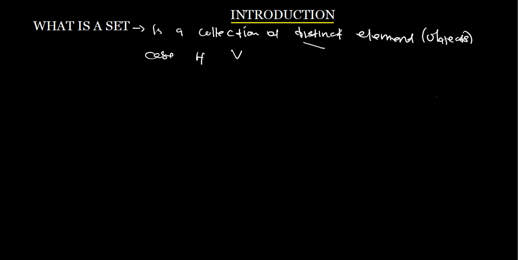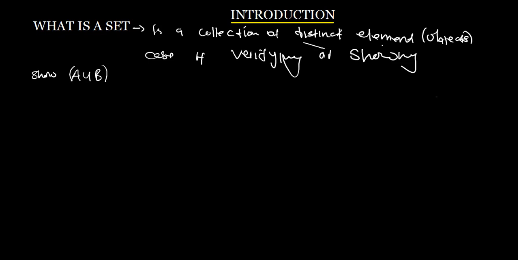So now we'll be verifying or showing. All right, so given the sets, let's say I give you 2 sets, then we'll prove one De Morgan. We'll say, okay, let's show that A union B, like that, complement is equal to A complement intersection B complement.